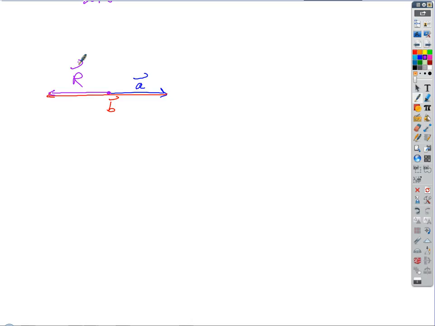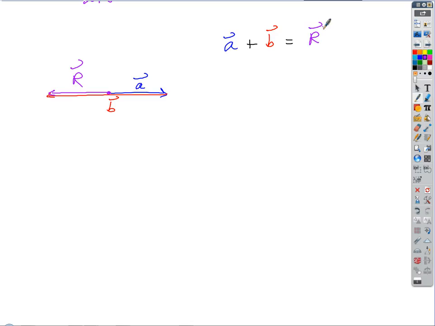Okay, so then, let's say I want to do something like this. Let's say we've got, this gives us the equation A plus B equals R, right?